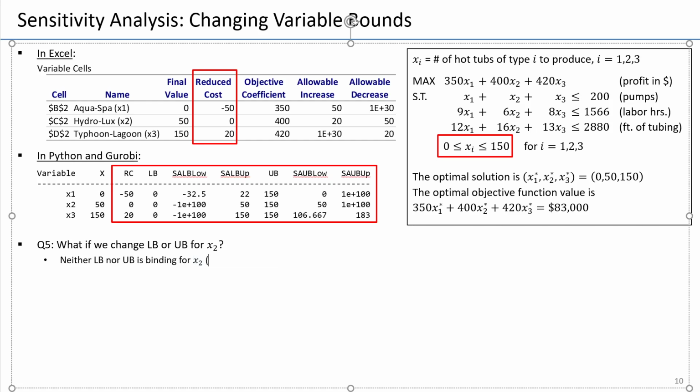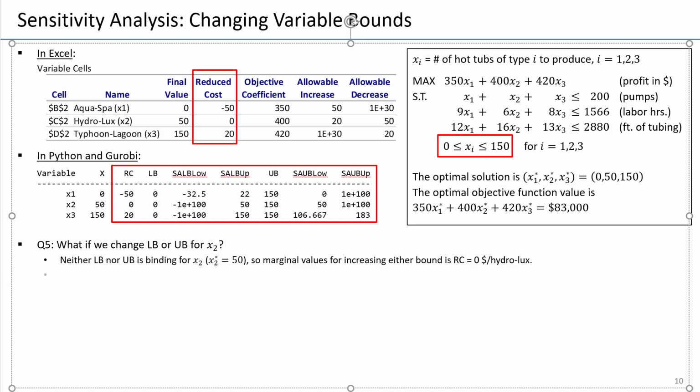We can say x2 star is equal to 50. The optimal solution is 50, right? So marginal values for increasing either bound is 0. In this case, it's $0 per hydrolux because the second variable is number of hydrolux stops, right?